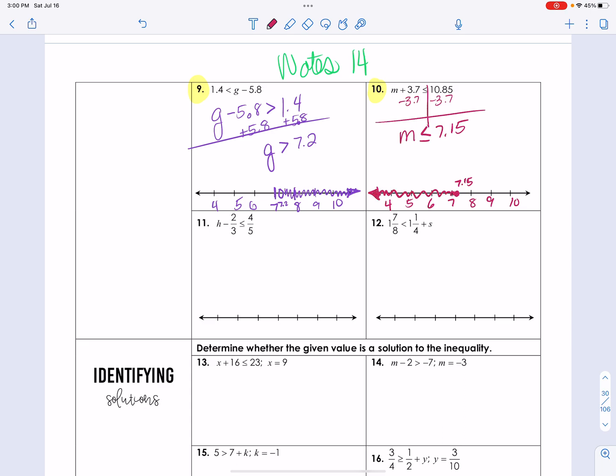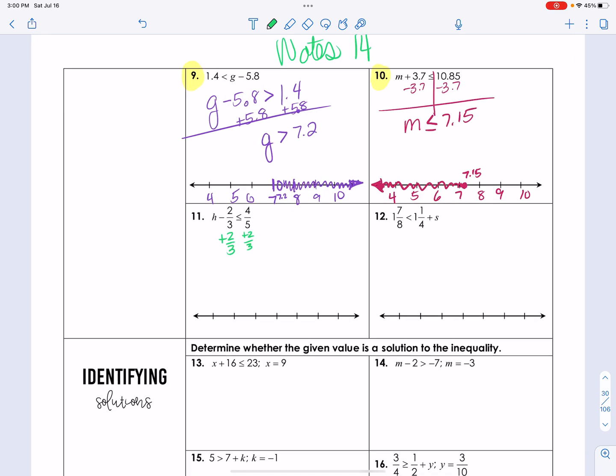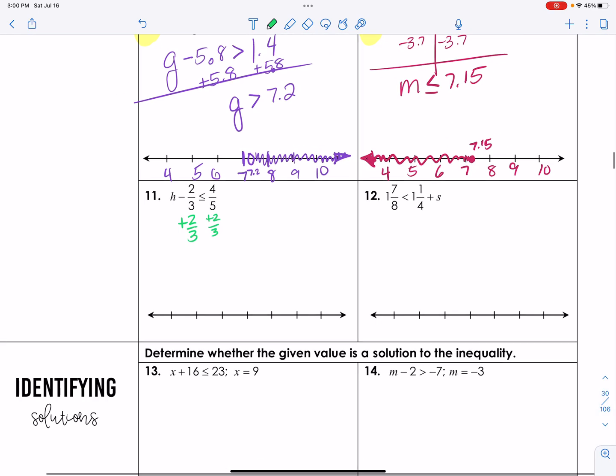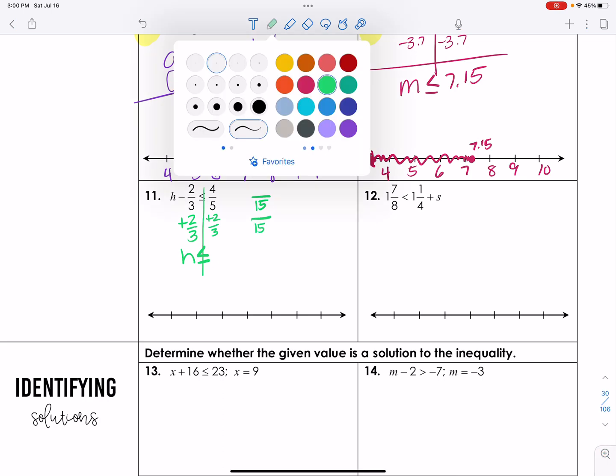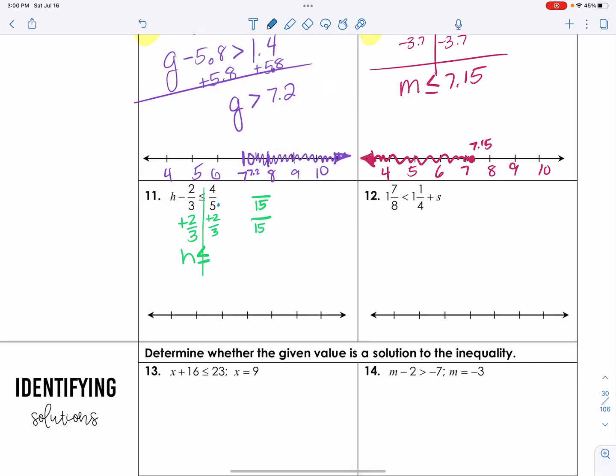Okay. All right, so on the next two, you've got to remember that you have to have common denominators. You're adding 2/3 and adding 2/3. So that means you would have H is less than or equal to, well, I've got to get a common denominator, which would be 15. So here I'm going to times by 3 and get 12.